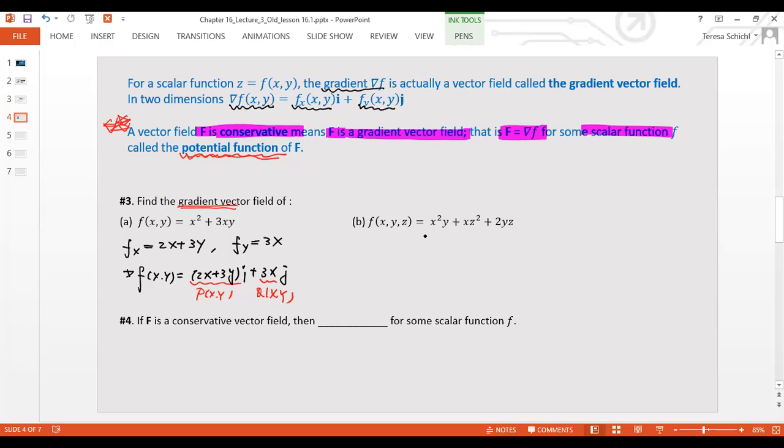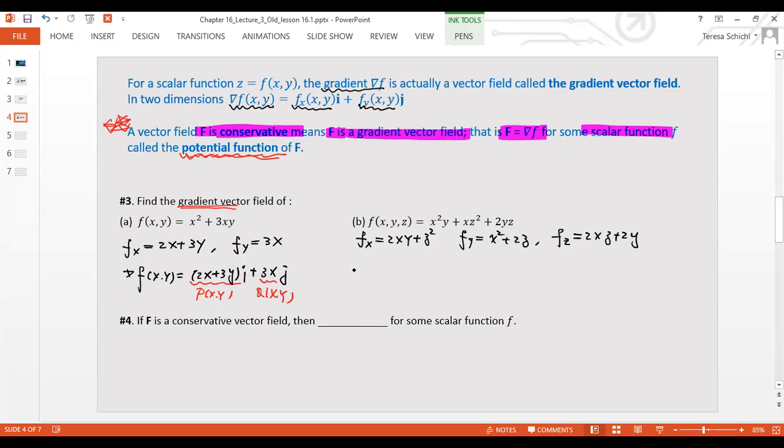R3 is the same here, right? So the partial x is 2xy plus z squared. The partial y is x squared plus 2z. And the partial z is 2xz plus 2y, right?